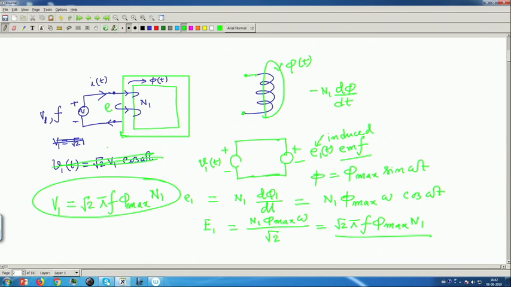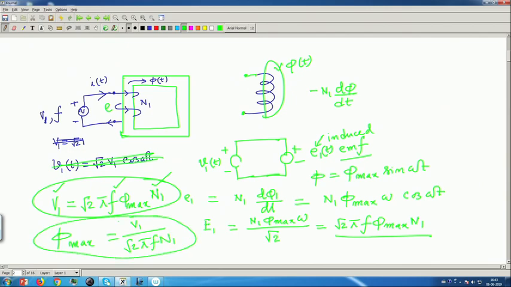If that be the case, in this equation, what are the things I know? V 1 is known, supply frequency is known, N 1, number of turns, is known, and phi max is equal to V 1 by root 2 pi f into N 1. This is the crucial thing.